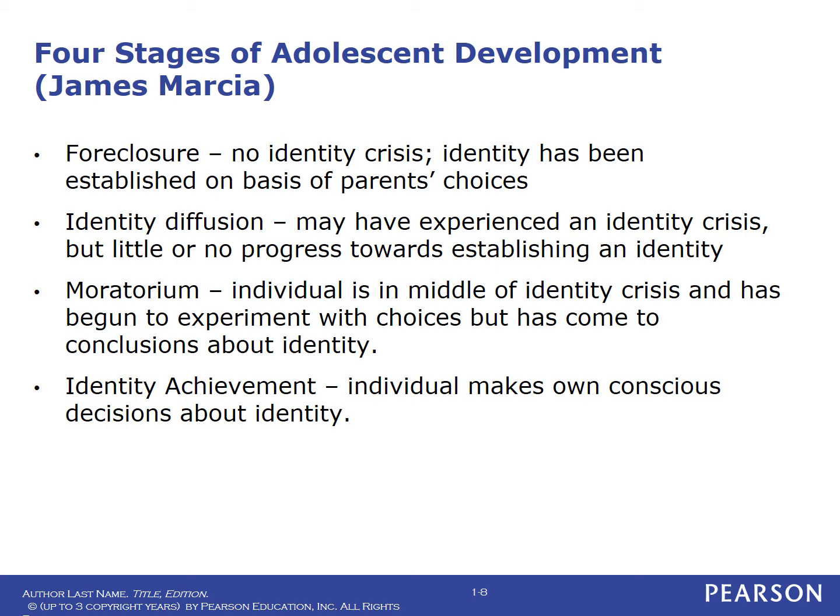So, in this case, they've been through some sort of identity crisis or they're questioning adults. They might understand, for the first time, that adults don't have all the answers. They're trying to figure out who they are, and they've started to experiment with some choices, but they haven't gotten all the way there yet.